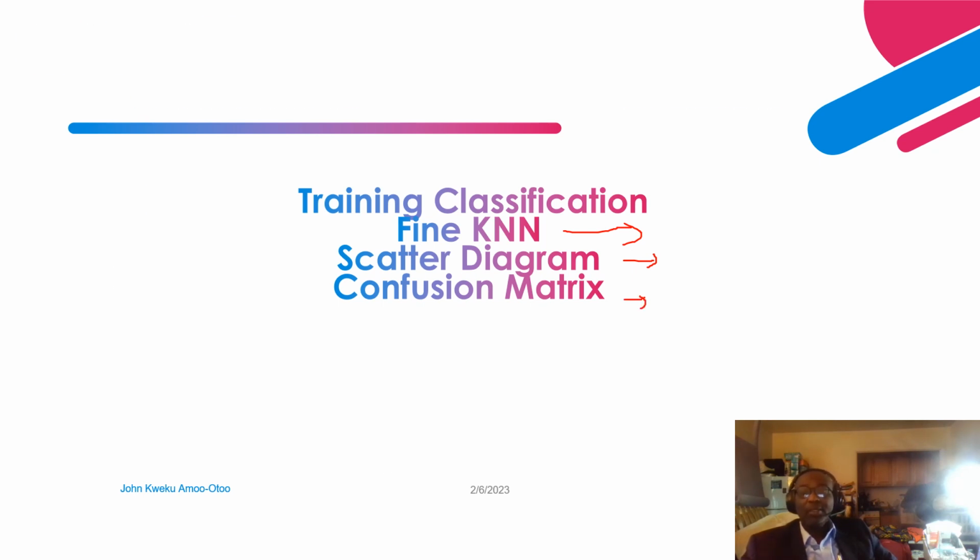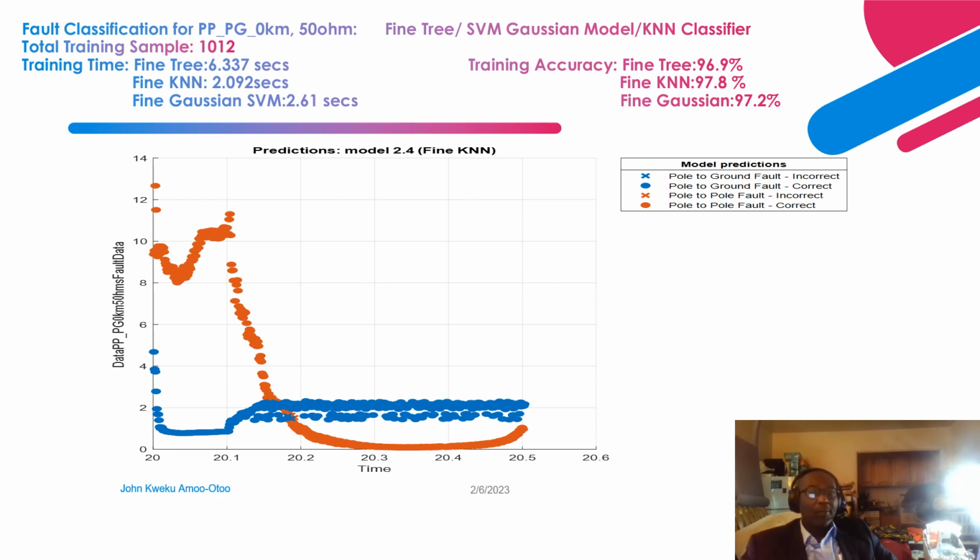This is the scatter diagram for the fine K-NN classifier. As you can see over here, there is much more accuracy in it.